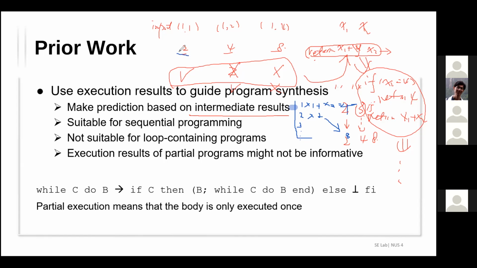So let's say here I have 3 examples. 1 1 gives me 2, 1 2 gives me 4, and 1 3 gives me 8. Based on all these 3 results, I will pass them into the first line of the code itself first. So maybe the first line is an addition.